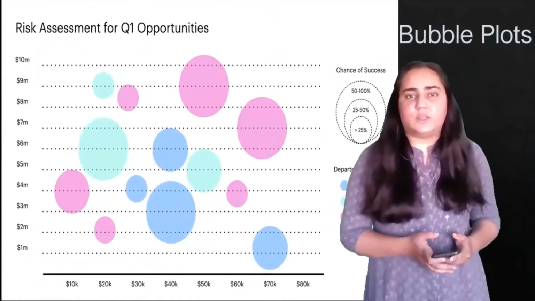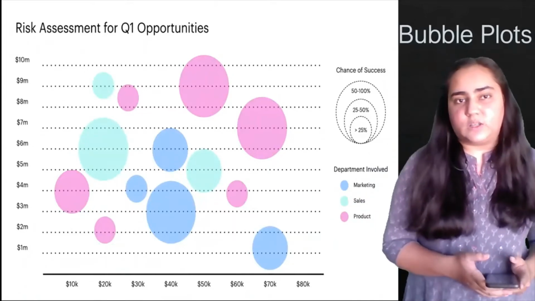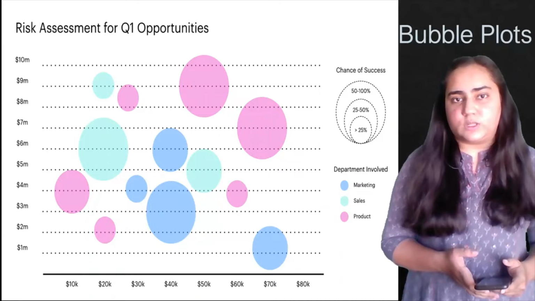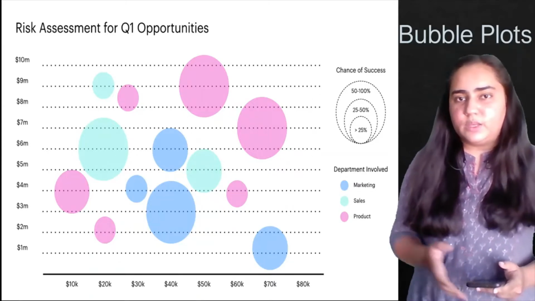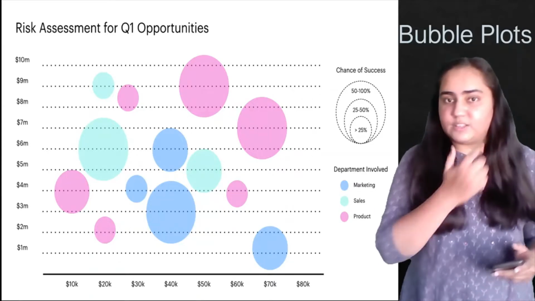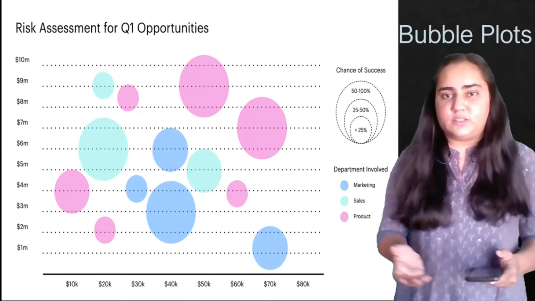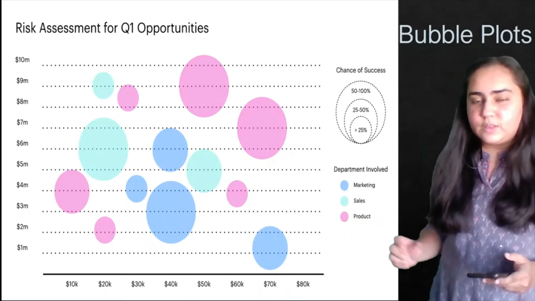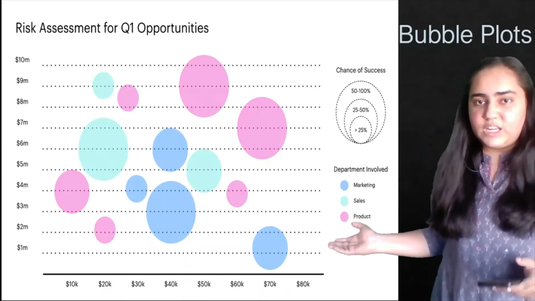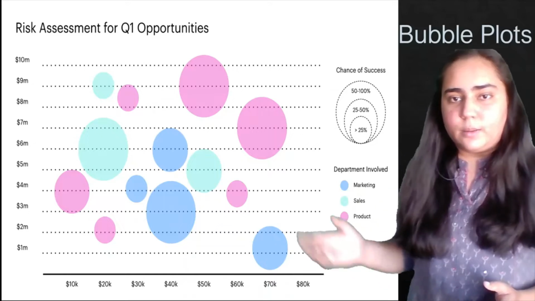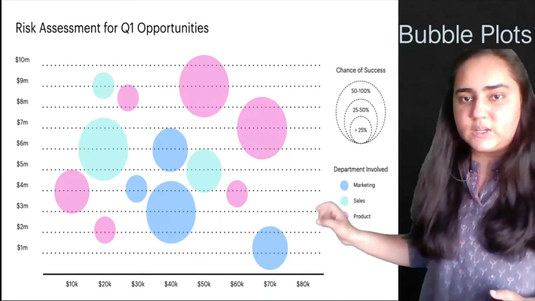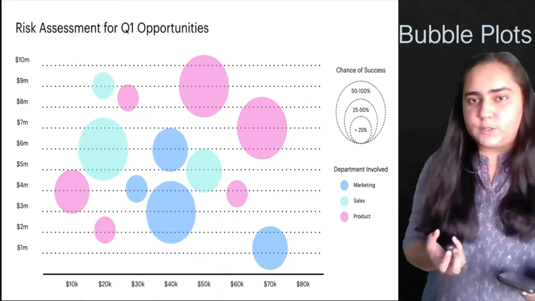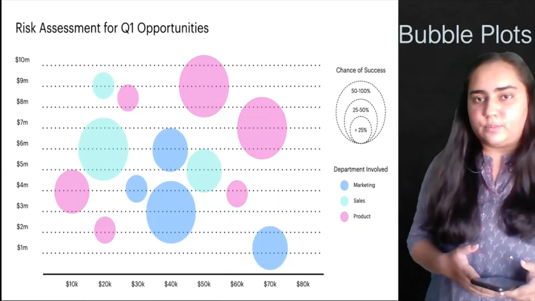Let's take a look at an example. This is an example about risk assessment for Q1 opportunities. Here you can see how the size of the bubble as well as the color of the bubble depicts something. Each color has a different meaning here: blue is marketing, light blue is sales, and pink is product.